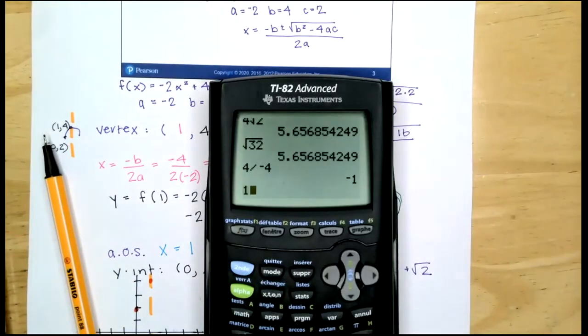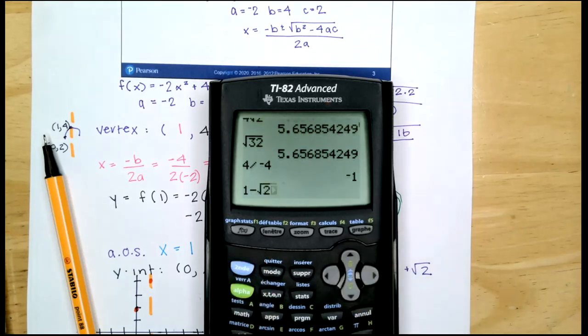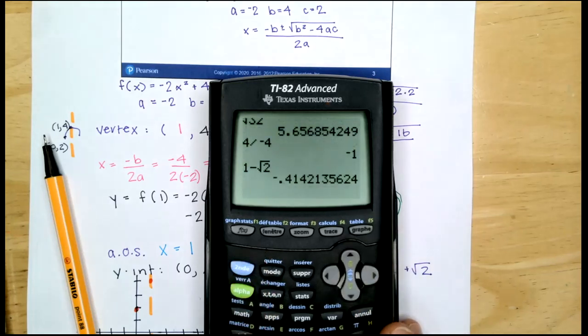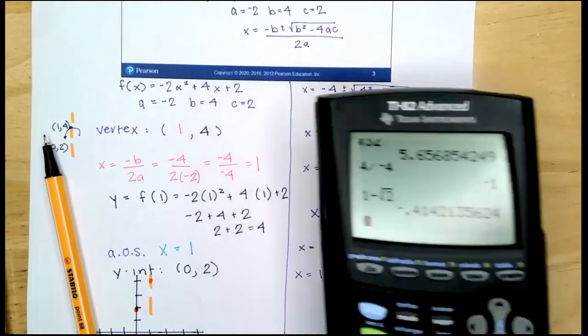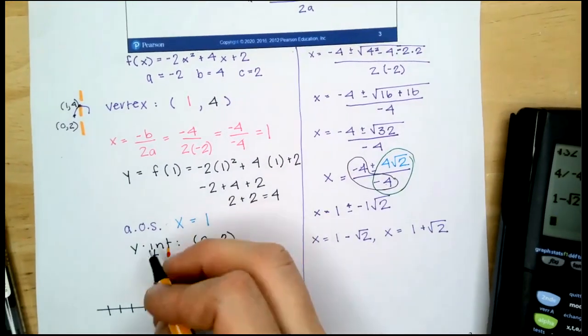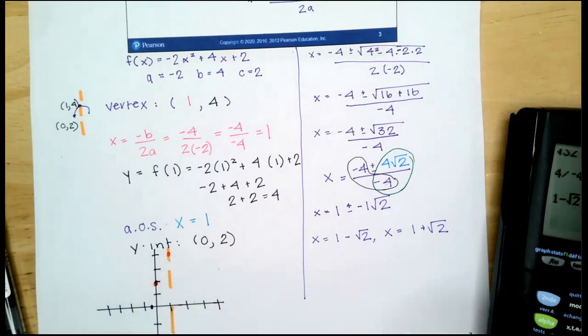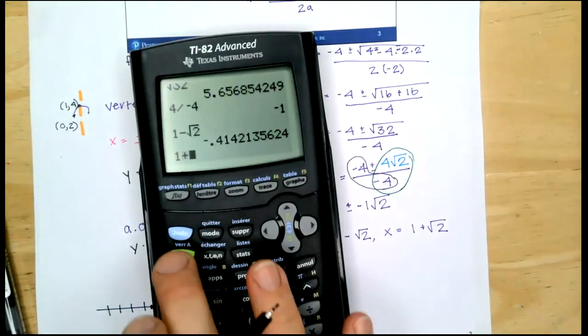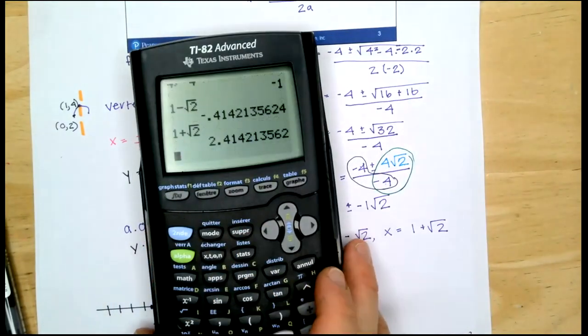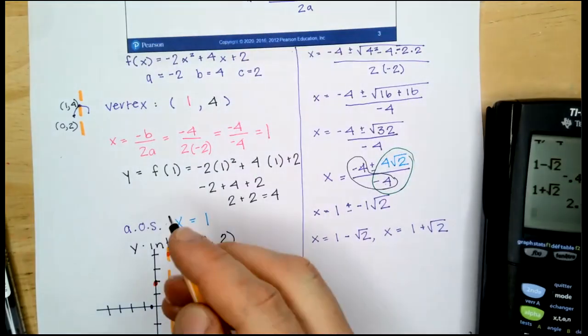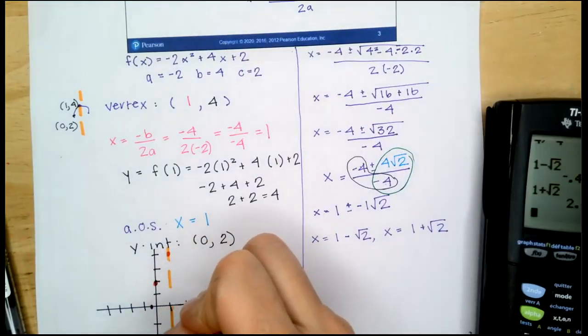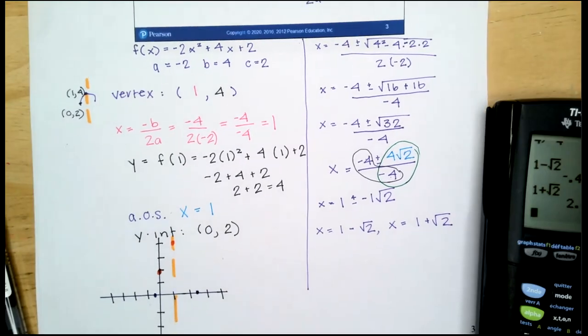What does 1 minus the square root of 2 look like? -0.4. So it's going to cross the x-axis at -0.4, and then 1 plus the square root of 2 is 2.4. Good.